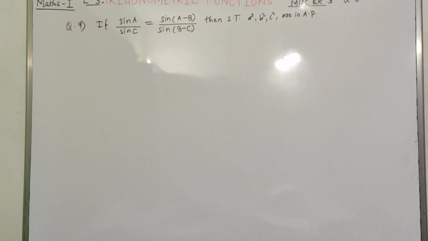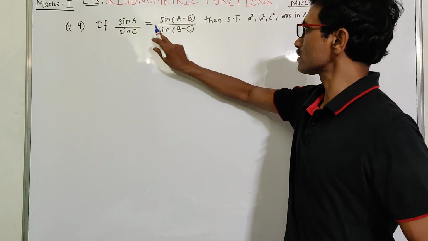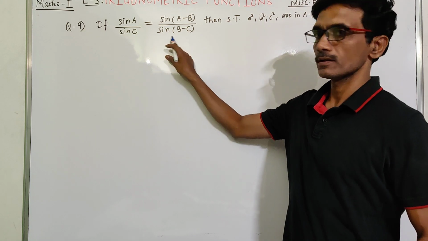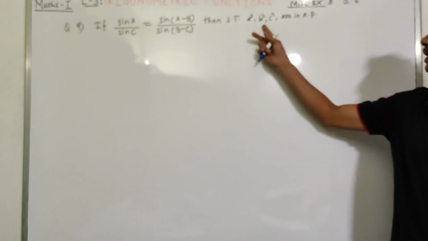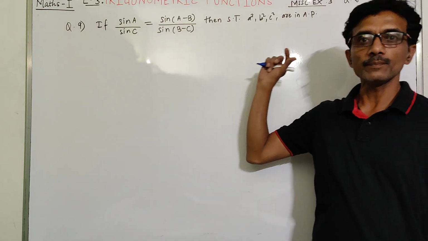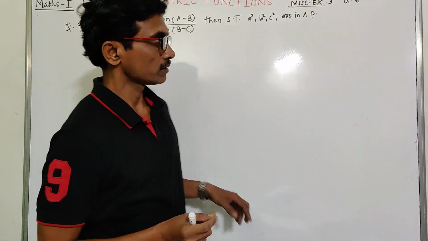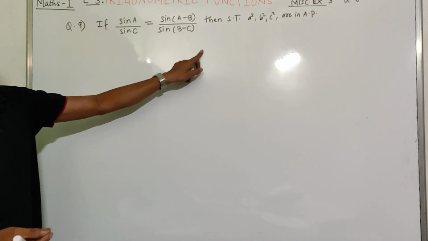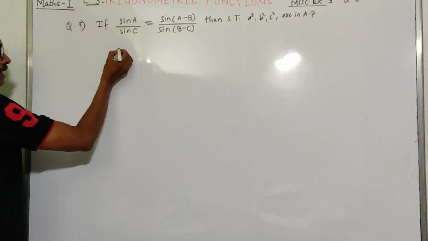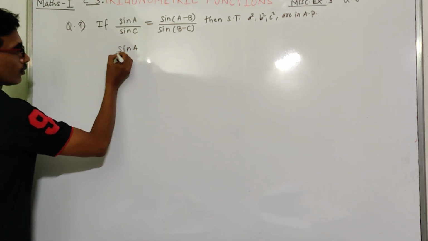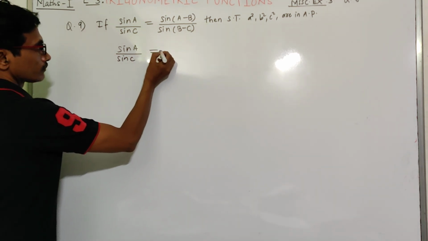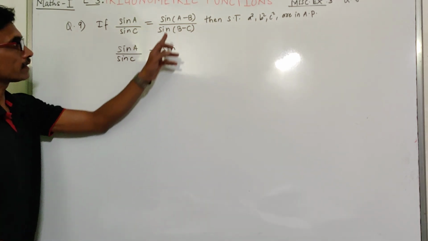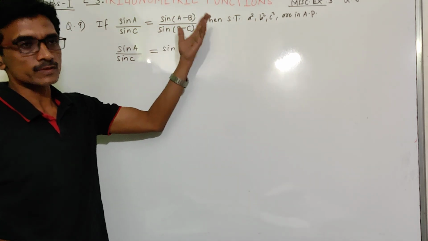Question number 9. If sine A upon sine C is equal to sine (A minus B) upon sine (B minus C), then we want to show A square, B square, C square are in AP, arithmetic progression. So look at the given expression: sine A upon sine C is equal to sine of (A minus B), sine (B minus C), we will expand.